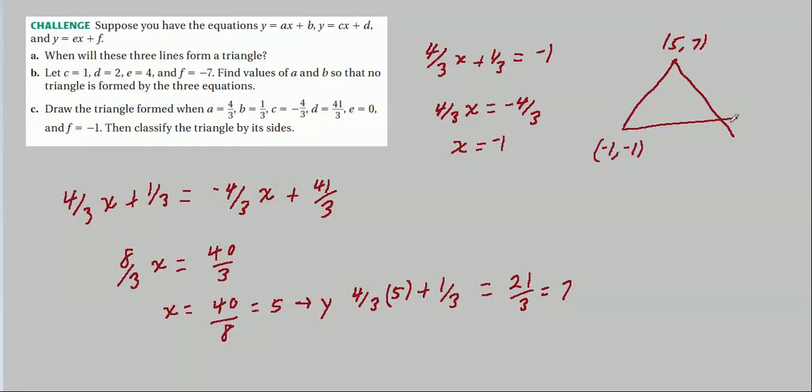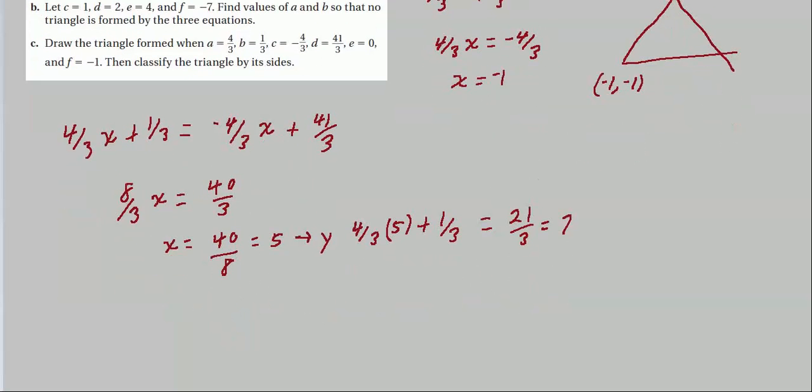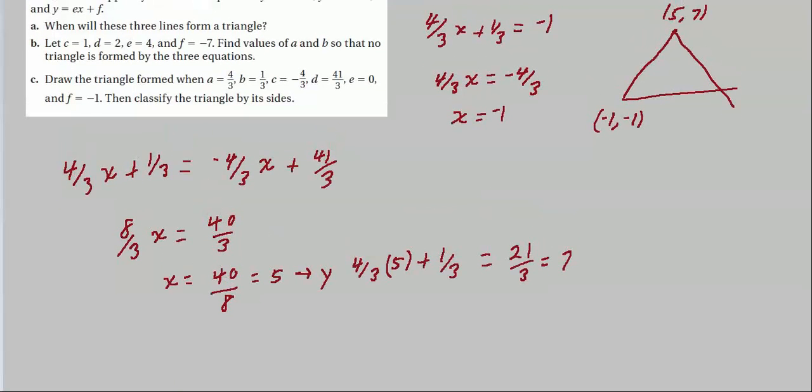And this point here is going to be something, minus 1, because we know that the y coordinate has to be minus 1 for all of them. So what do we got here? We'll try the intersection of this line, I may have to give myself a little bit of room down here. There we go.